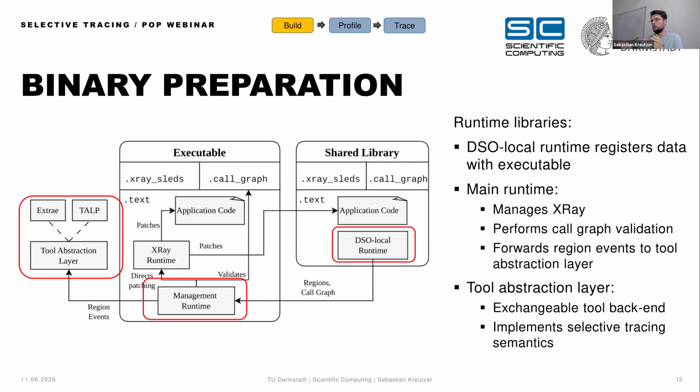It also performs call graph validation and forwards the region events. So once we have patched selected functions, it forwards the events that we receive to a tool abstraction layer, which then informs the tracing or profiling tool about these events. And also when we trace, it implements these selective tracing semantics.